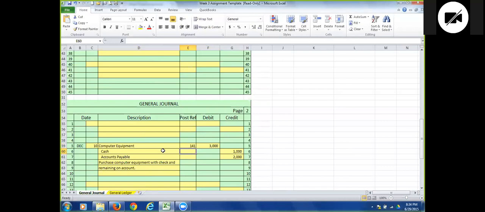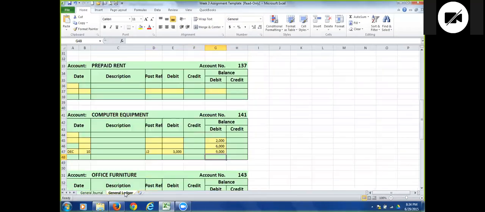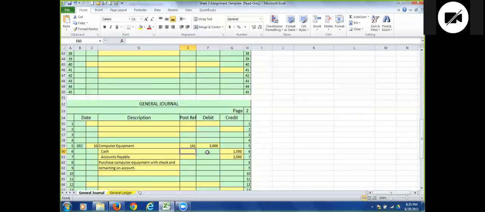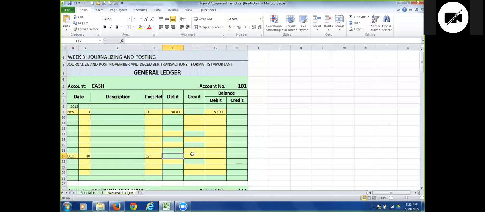Same with your cash. You'd have to post this one too. So again, I'm jumping around because this December one is posted here. Post reference J2 for page 2. It's a 1,000 credit.